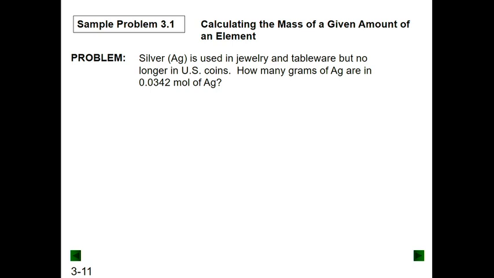So let's apply that to a simple problem. In this case, we have silver, and silver is used in tableware, but no longer in US coins. How many grams of silver are in this quantity of moles? It's really simple. Remember, to do a conversion factor, you need to start from what you have and imagine where you need to go.